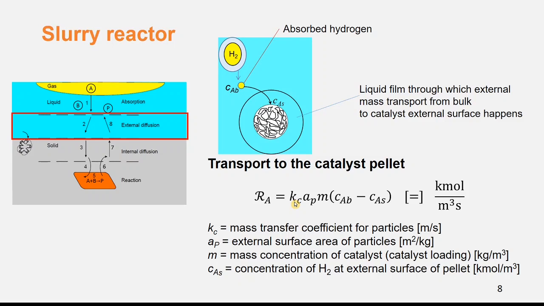But this time, we multiply it by AP, which is the external area of the particles per unit mass of catalyst, and then times M. M is called the catalyst loading, and it is the mass of the catalyst per unit volume of slurry. And finally, we multiply it by the concentration driving force, which is the bulk concentration minus the concentration at the surface. So CAB minus CAS.